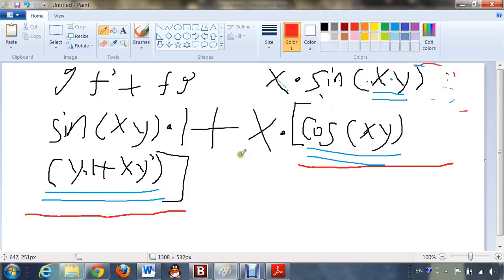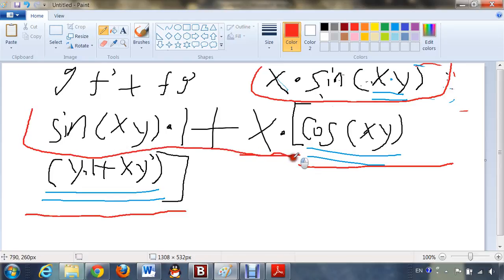And this entire part, sine xy times 1 plus x times cosine of something, is the product rule, the derivative of x times sine of x times y.